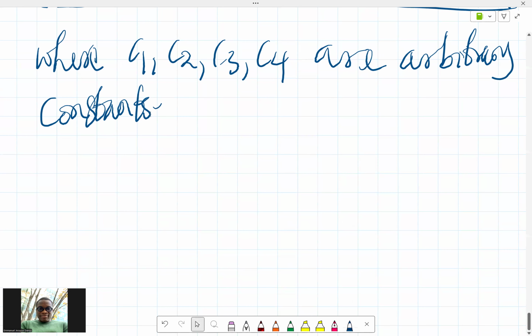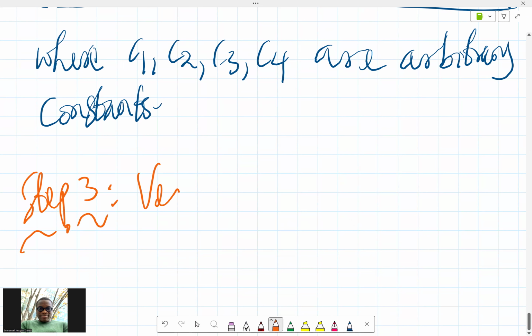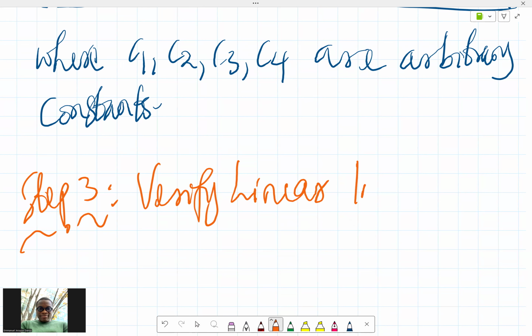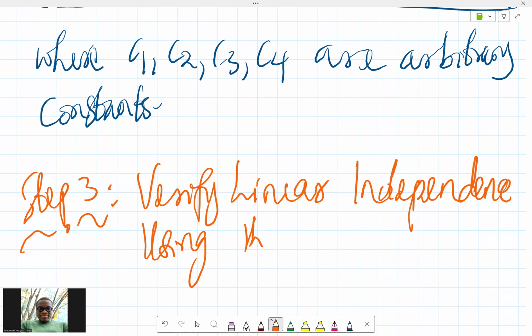The next thing you do after this is step three, where you verify linear independence using the Wronskian.